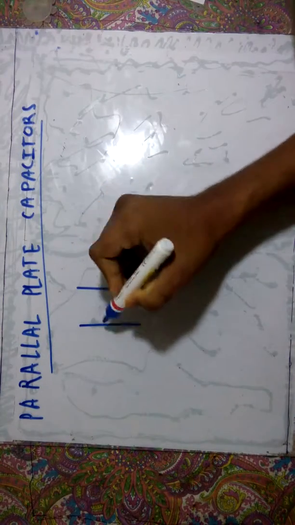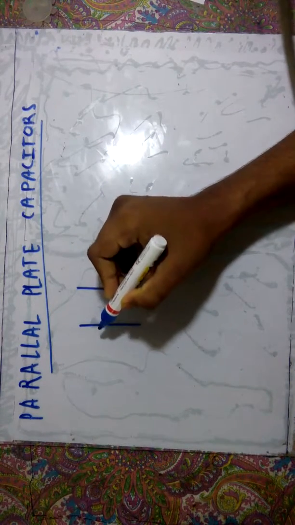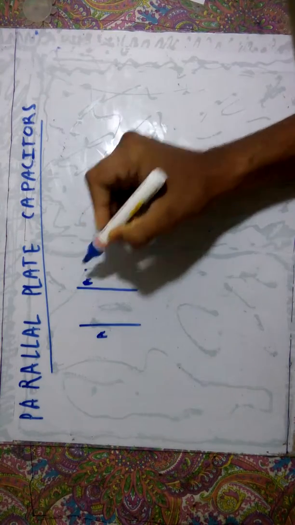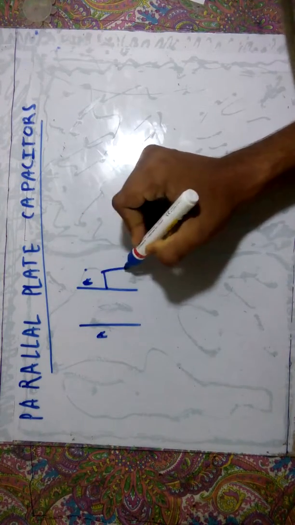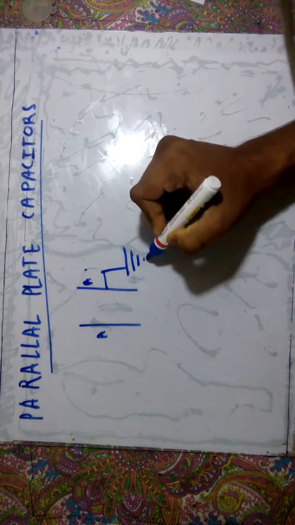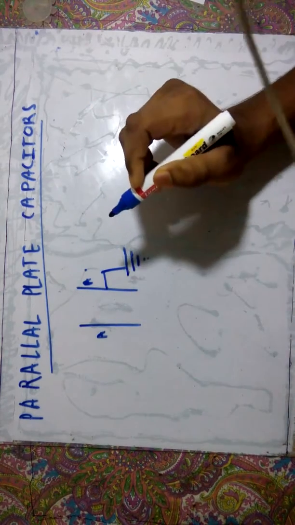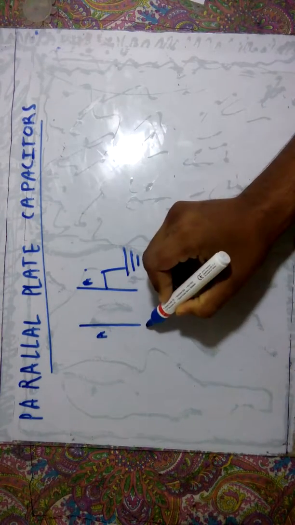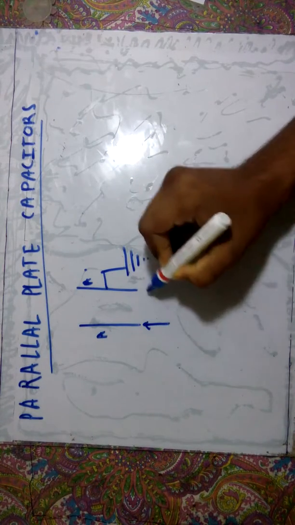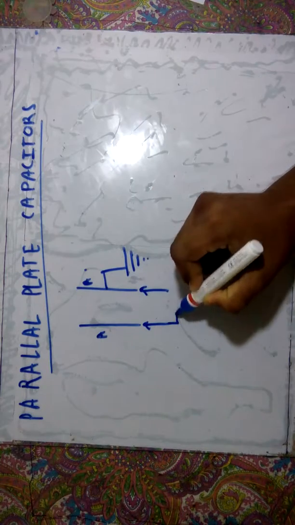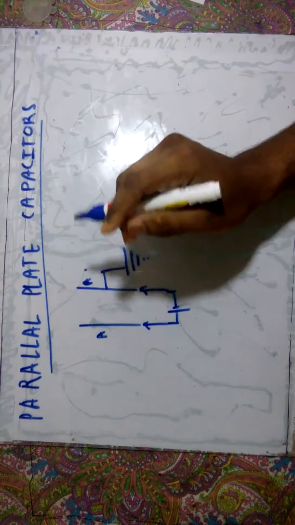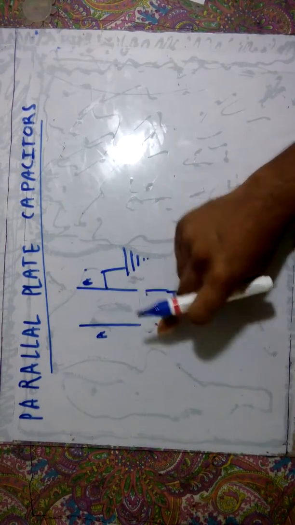Now let's consider that the area of each plate is A, and this plate is grounded. Let's think that this parallel plate capacitor is charged by joining it with a battery, and then it is removed.